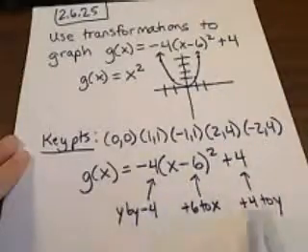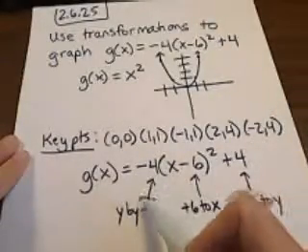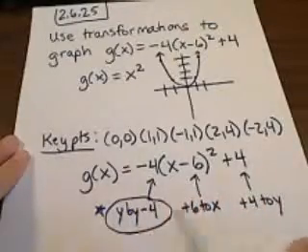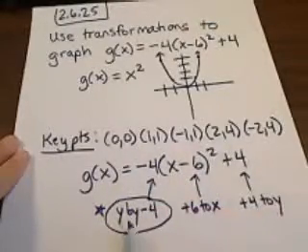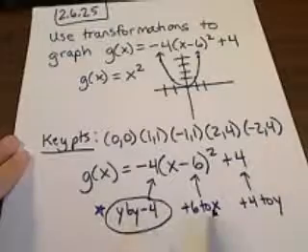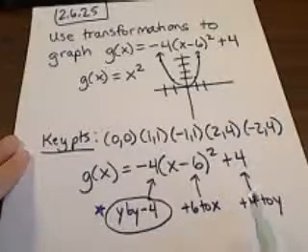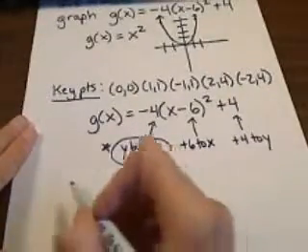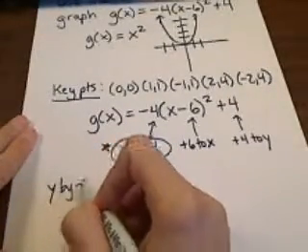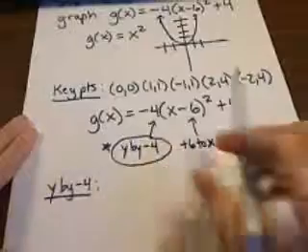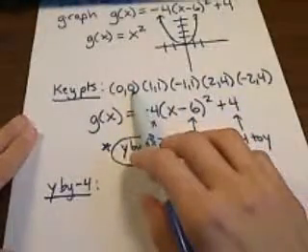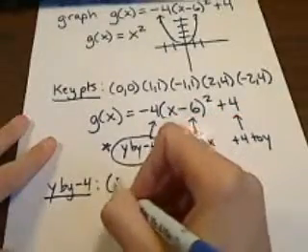Now, when you do it this way that I'm showing you, you have to do any multiplications first. So we've got to multiply all of these key points by this -4 first before we do the addition and subtraction, otherwise it won't come out. So I'm taking each of these key points and multiplying their y coordinates by -4.